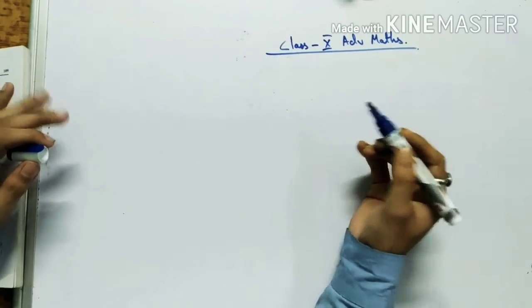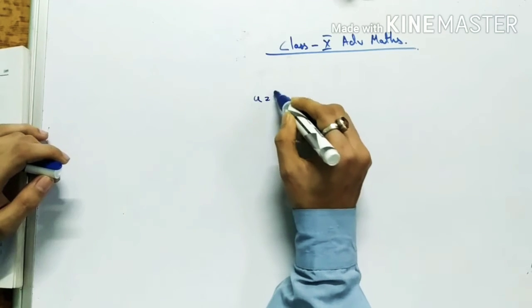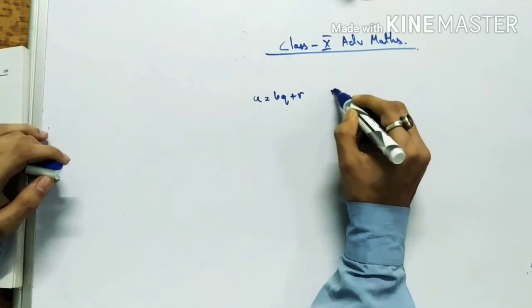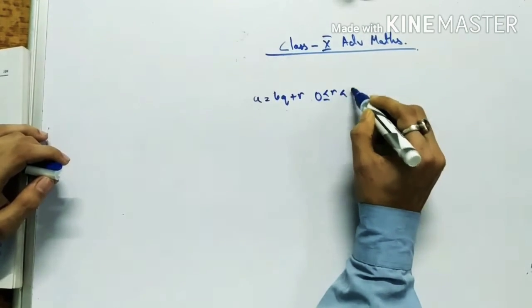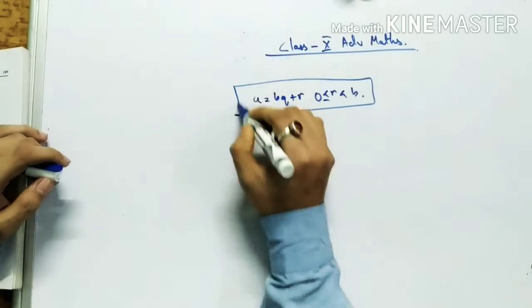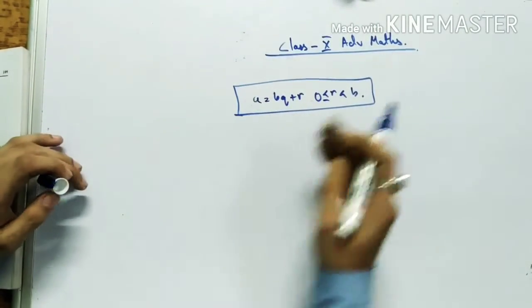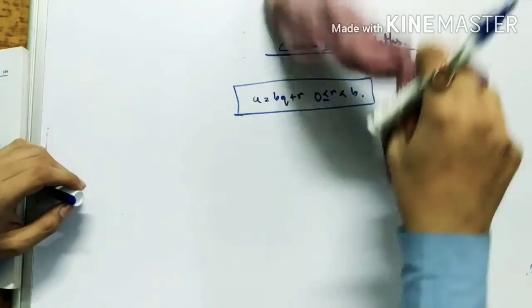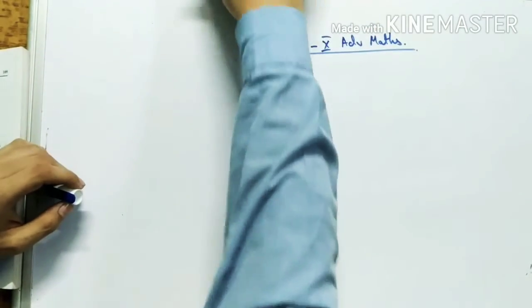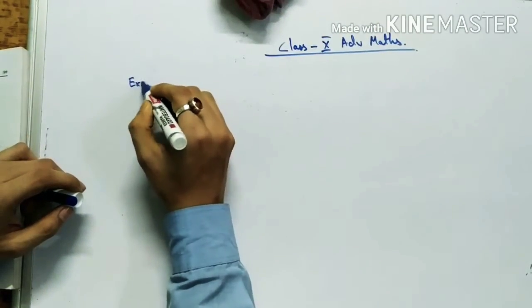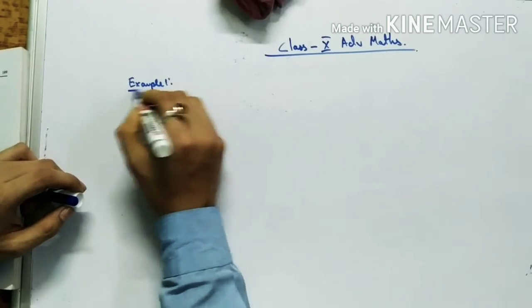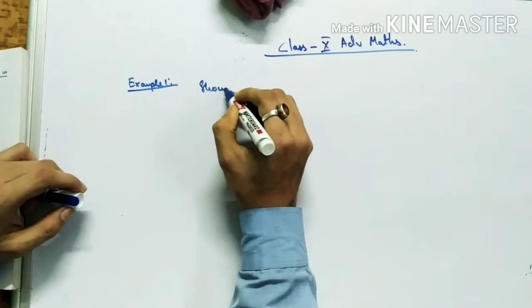What is the division algorithm? We already know that a is equal to bq plus r, where r is greater than or equal to 0 and less than b. This is our division algorithm. Now what are the applications of division algorithm? First it is example 1.